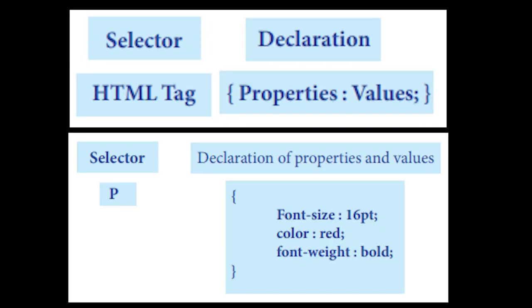The selector side has an HTML tag, and the declaration side has properties and values, separated by a colon, with the value ending in a semicolon. These are enclosed in curly brackets, opened before and closed at the end. Then we saw the text formatting properties and their values, which we use in cascading style sheets.